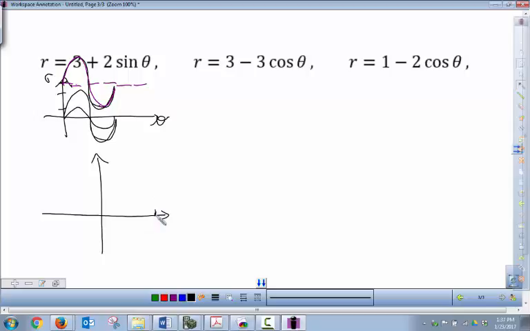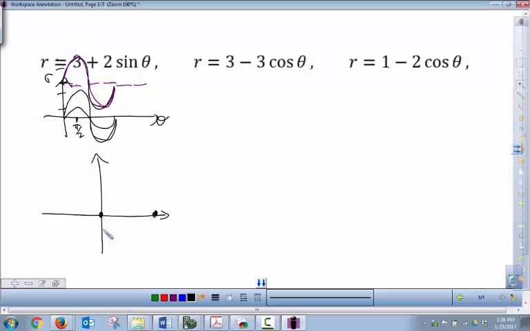Now my graph starts at 1, 2, 3. When the angle is 0, I have a distance of 3 away. And then it looks like I'll hit my highest point. How far away is that distance? I'm looking at this point when this is at pi over 2, and this line started at 3, and then it has amplitude of 2, so 4, 5. So I will have a distance of 5.